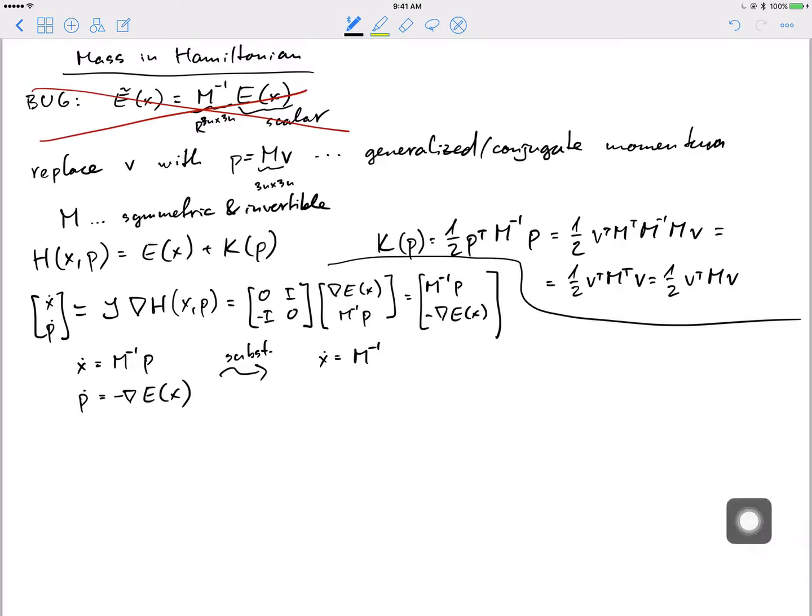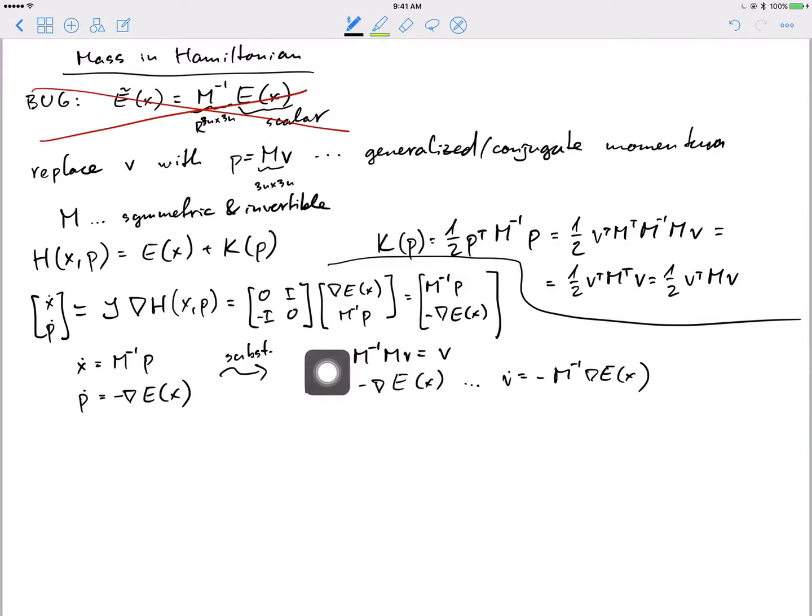So if p is Mv, then I can put Mv here. So this means x dot is v, right? And p dot will be, of course, M v dot, because we assume that the mass matrix is constant. And this is minus the gradient. So I can also write this as v dot equals minus M inverse, the gradient of the potential.